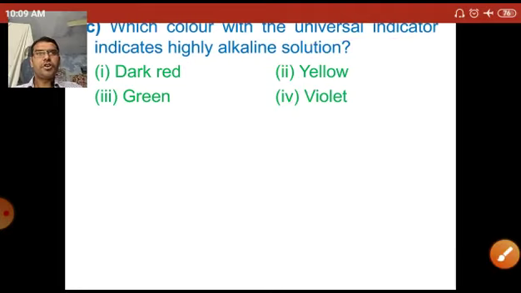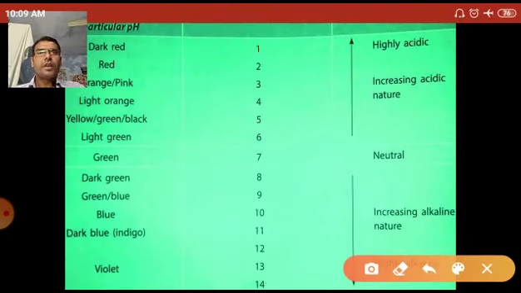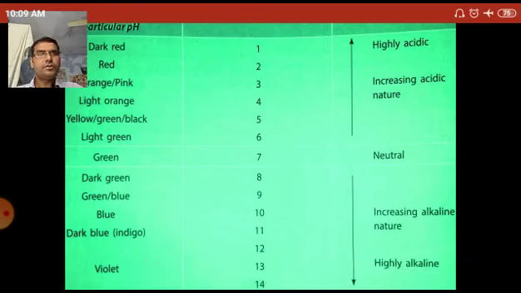Now here is the list of the colors and their pH values. So violet is for the highly alkaline solutions. So if possible, memorize these tables for further convenience.